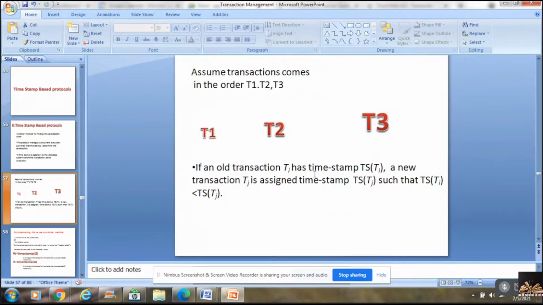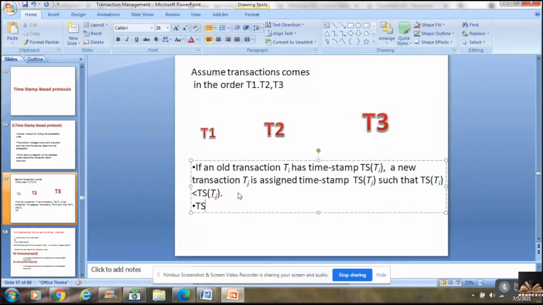If an old transaction Ti has a timestamp, here I'm working with something called TS(Ti). TS(Ti) stands for the timestamp of a particular transaction. So this would be the timestamp of a transaction.